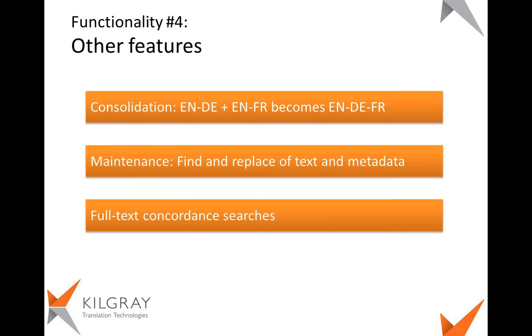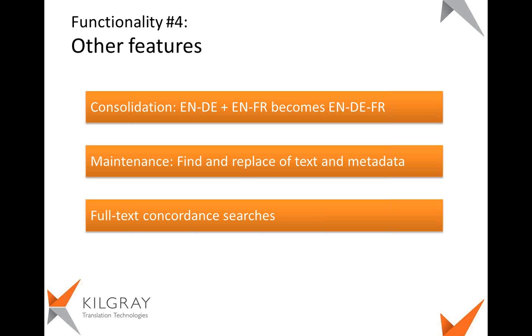And there are other features that we actually managed to implement in this first version of the TM repository. One of those is consolidation. Consolidation is good for two things. Suppose that you have the same material translated into two different target languages, like from English into German and from English into French, and you have two separate bilingual translation memories.